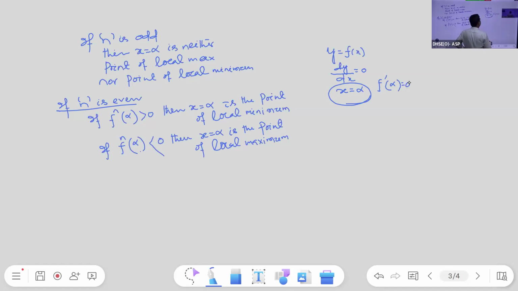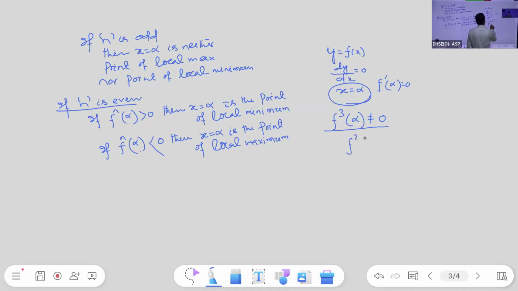If the second order derivative at x is equal to alpha is 0, then we have to find the third order derivative. If that is 0, then fourth order derivative and so on, till a non-zero value is obtained. Suppose f3 alpha is not equal to 0, then x is equal to alpha is neither point of local maximum nor point of local minimum.